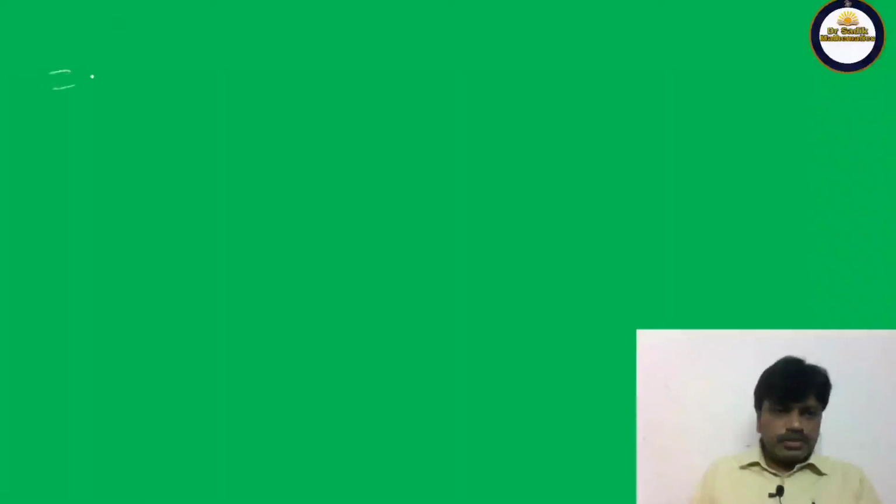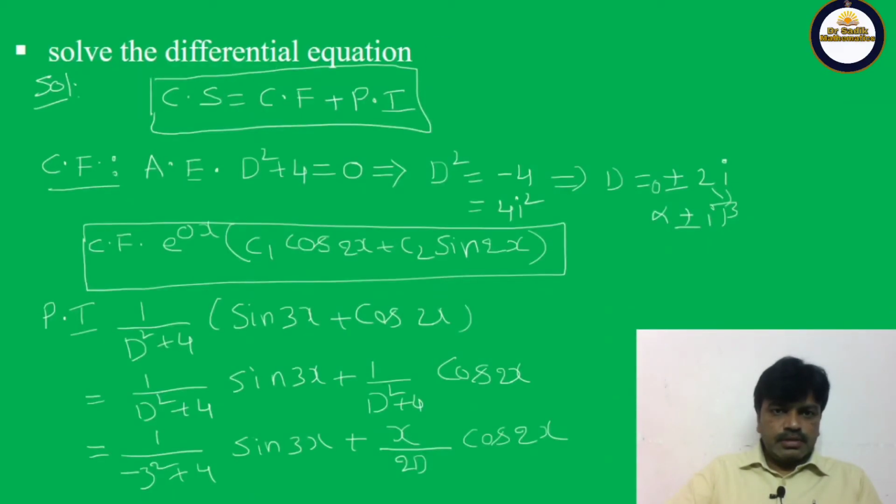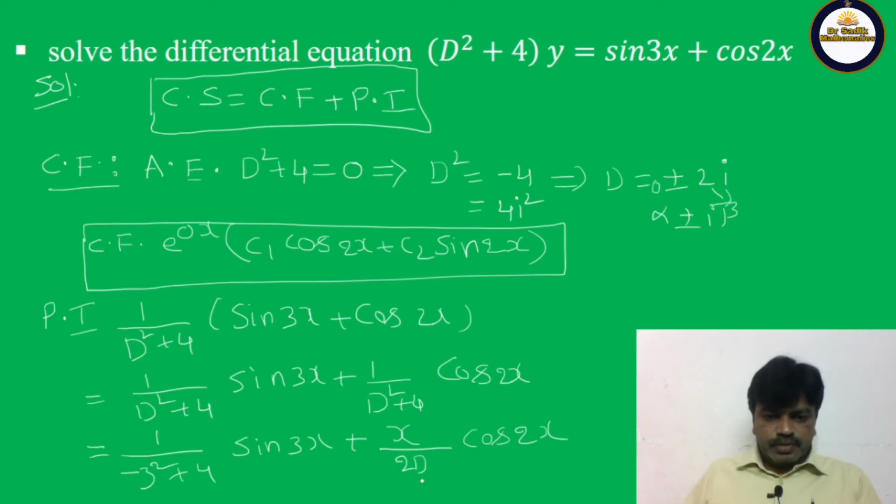That is equal to minus 1 by 5 sin 3x plus x by 2 into 1 by D, which means integrating, friends. Okay, 1 by D means integration.